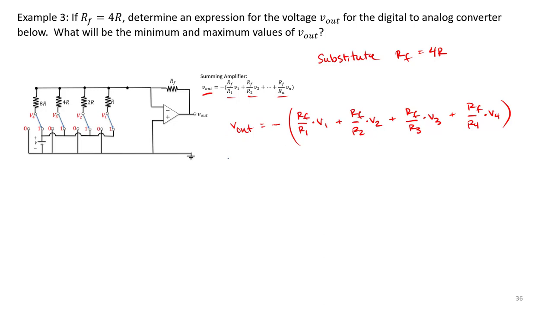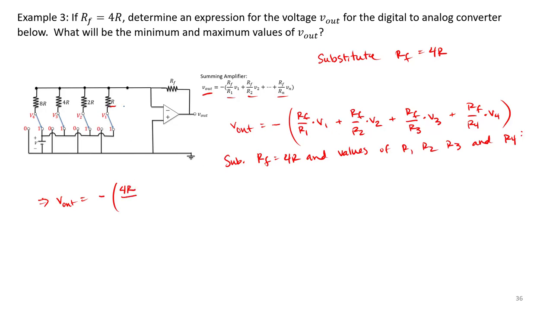And now we can substitute RF equals 4R and the values of R1, R2, R3, and R4. If we do that, we determine our output voltage V out is going to be equal to, for our first term, we have RF is 4R in the numerator.